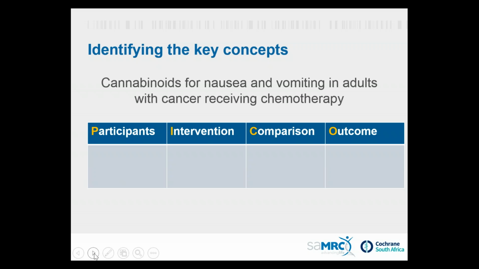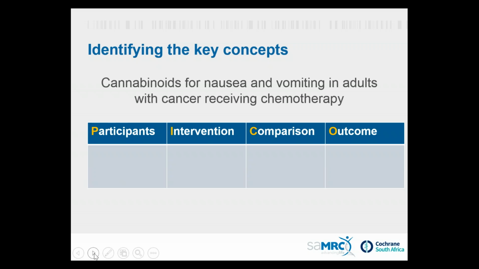So for your participants, I would need to know who your participants are. What is the intervention for the question above? If there's a comparison, and what is the outcome? For the first one, tell me who the participants are.